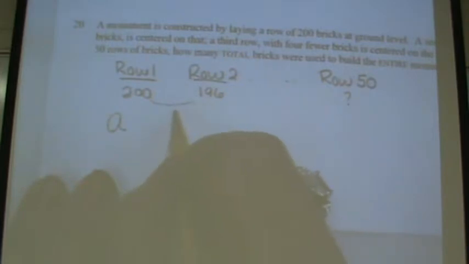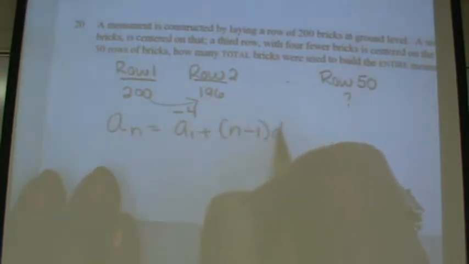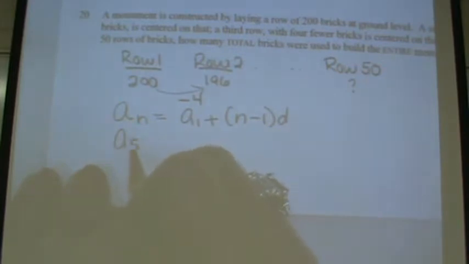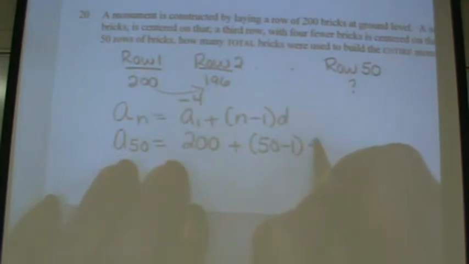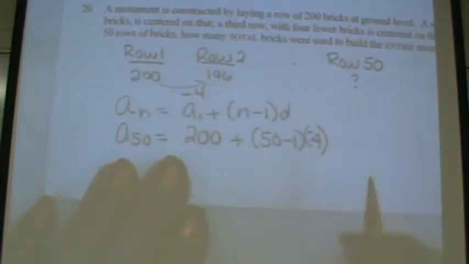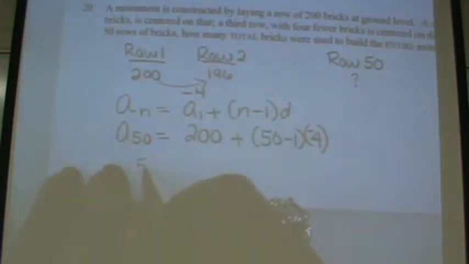Well, the formula is, if it's going down by 4, a sub n is the first term plus n minus 1 times d. Well, in the 50th row, the first row has 200 bricks. So you're going to do 50 minus 1, and then negative 4 is your d value. You're going to find in row 50, there are 4 bricks.